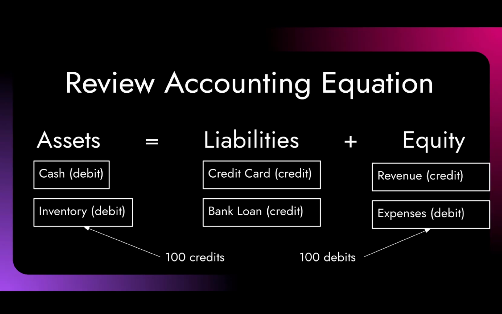And in this case, the credits will decrease inventory and will decrease assets in general. So our assets will be minus 100. And the debits, although they will increase the expenses, they will decrease the overall equity to minus 100 because, of course, equity has a credit balance. So our accounting equation will be minus 100 equals minus 100.